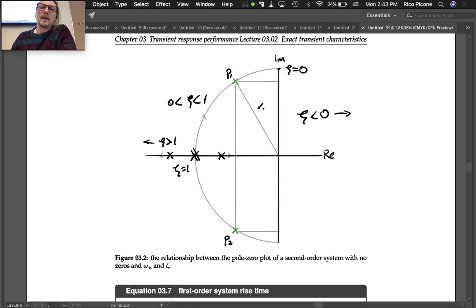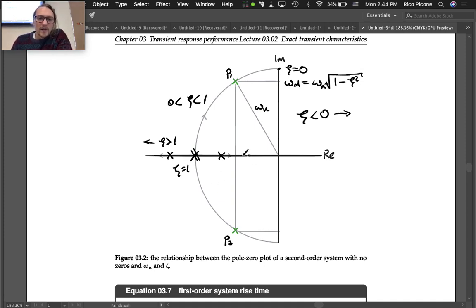So that's the damping ratio relationship to where the pole locations are. Remember that the radial distance here is the natural frequency. The natural frequency is related to the damped natural frequency, which is just the natural frequency times the square root of 1 minus zeta squared.